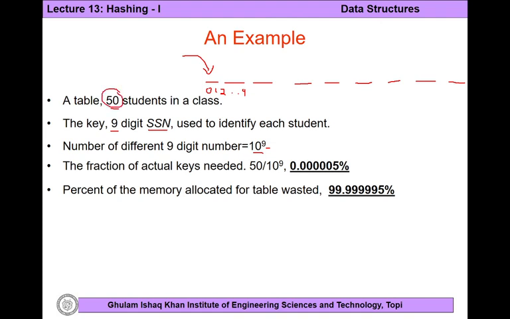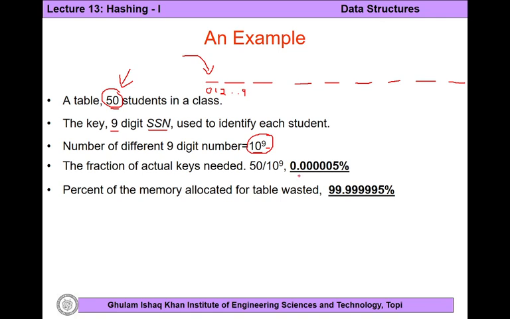And how many students do we have? We have 50 students. So if we want to have unique SSN numbers for every student, then we have 10 raised to power 9 possible SSNs. Out of these 10 raised to power 9 social security numbers, we are going to store only 50 social security numbers in our direct address table.